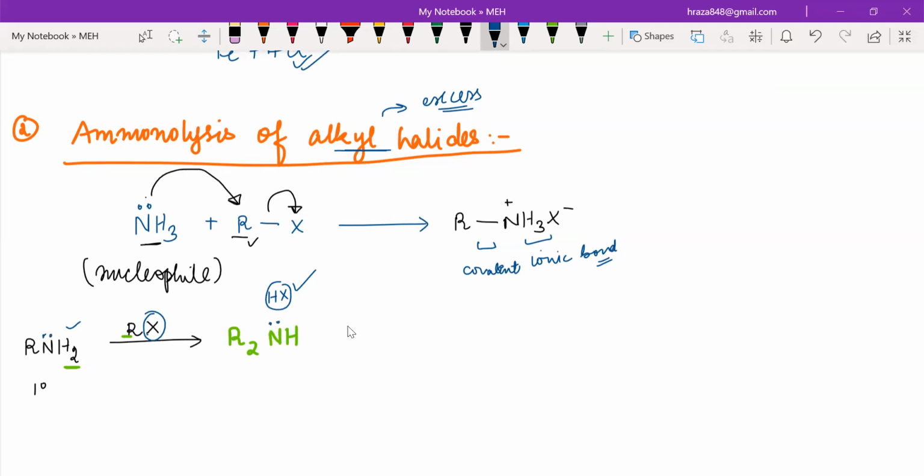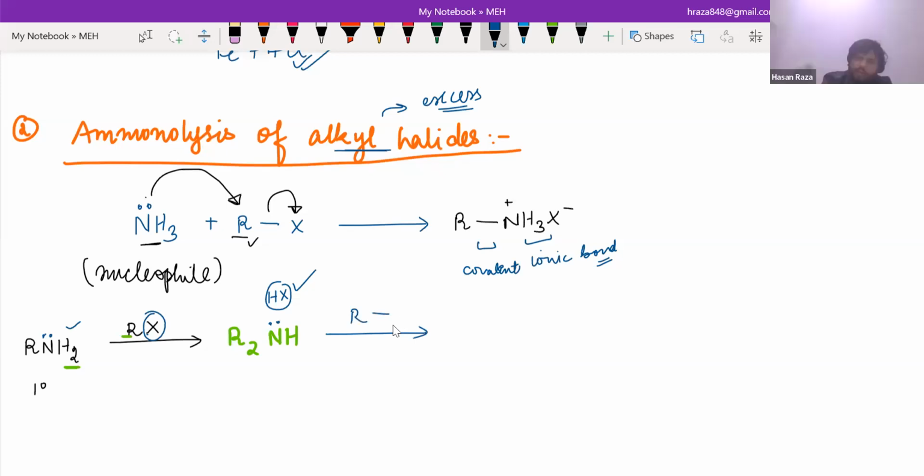Again, you are going to do a reaction with RX. This X will take electron from R, and this hydrogen will be replaced by this. So it will be R3N, and again this X and hydrogen will form a byproduct. Now, again you are going to do a reaction with this.